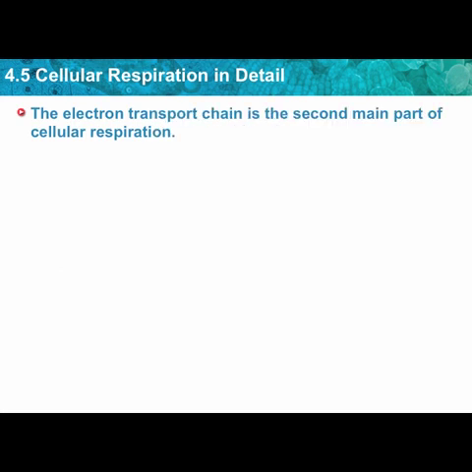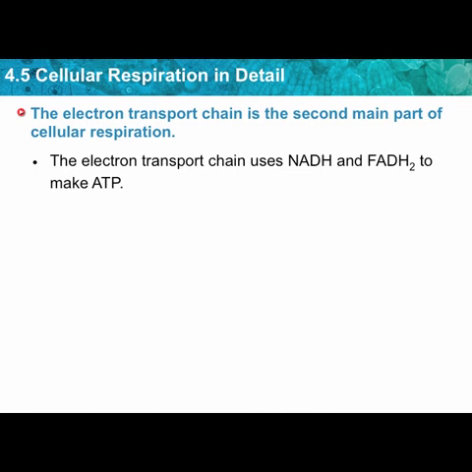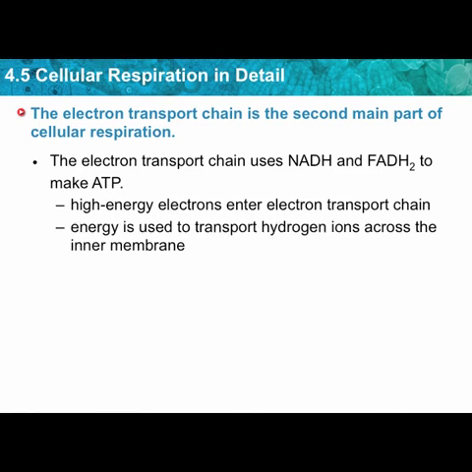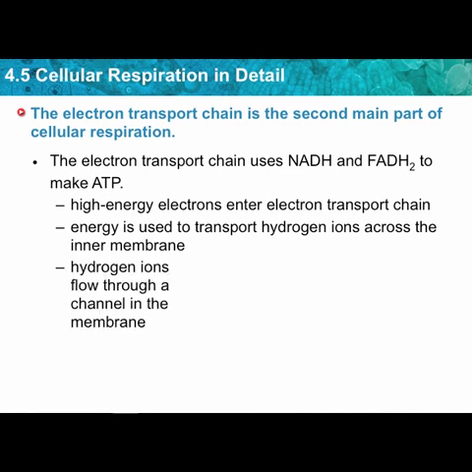Electron transport chain is the second part of the cellular respiration. Electron transport chain uses these energy-rich molecules, NADH and FADH2, to make ATP. High energy electrons enter the electron transport chain. Energy is used to transport hydrogen ions across the inner membrane. Hydrogen ions flow through a channel in the membrane.